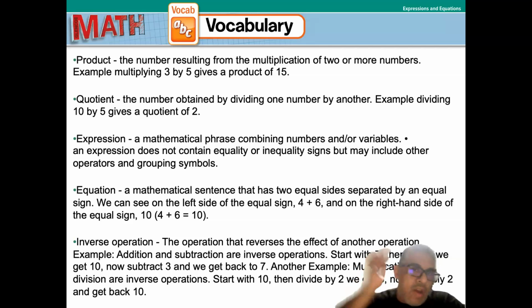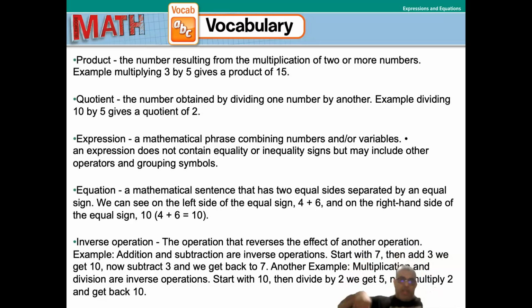Let's read it out loud. The number resulting from the multiplication of two or more numbers. The example, multiplying 3 by 5 gives a product of 15. So the product is the answer when we multiply these two items. 3 groups of 5 gives us an answer of 15.